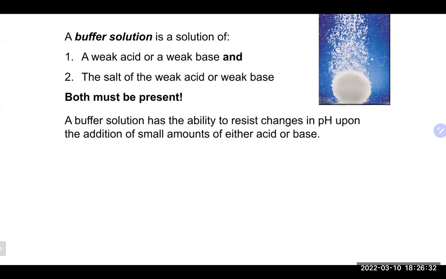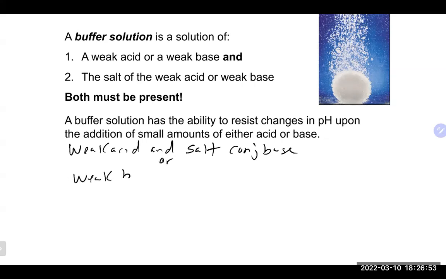A buffer is a solution that is made up of one of two combinations. It is either the weak acid and the salt of its conjugate base, or you could have a buffer that is a weak base and the salt of its conjugate acid.